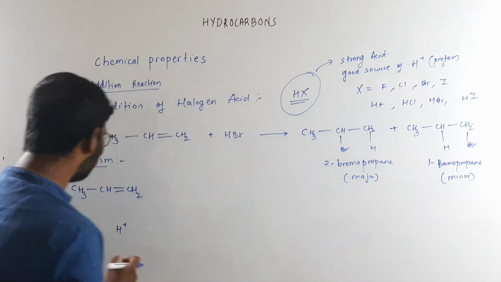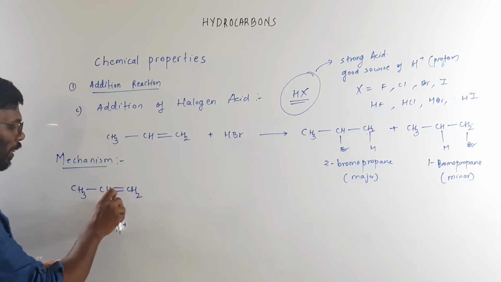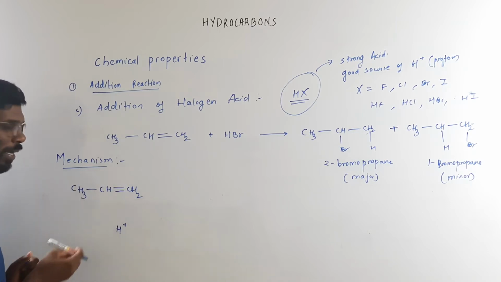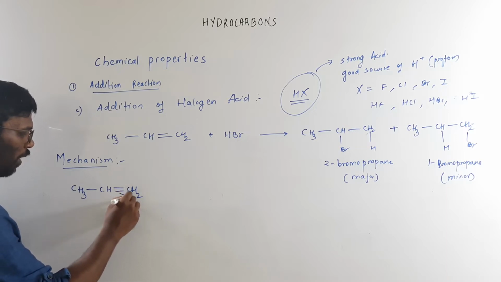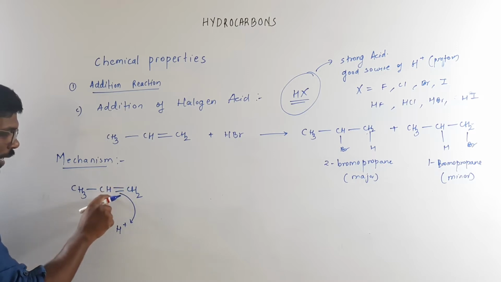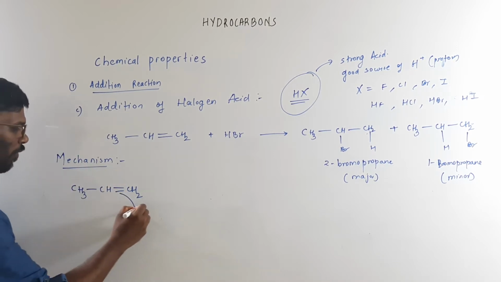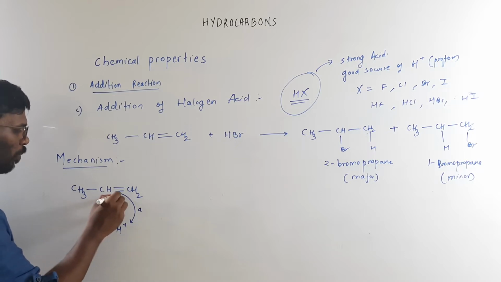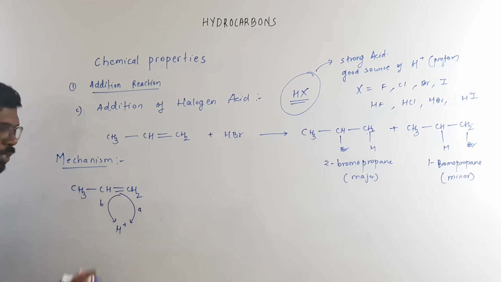So here there are two possibilities: the bond can break in this manner or in this manner. If it is attacked from this side, hydrogen will be connected to this and there will be a positive charge on this. I will mark this as A. And the other possibility is that hydrogen can attach to the other carbon and the positive charge will be formed on this one, right?